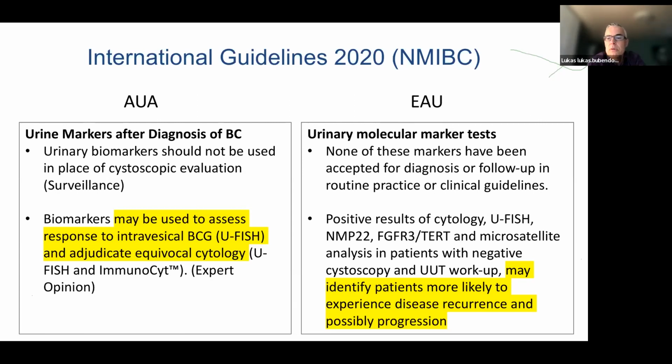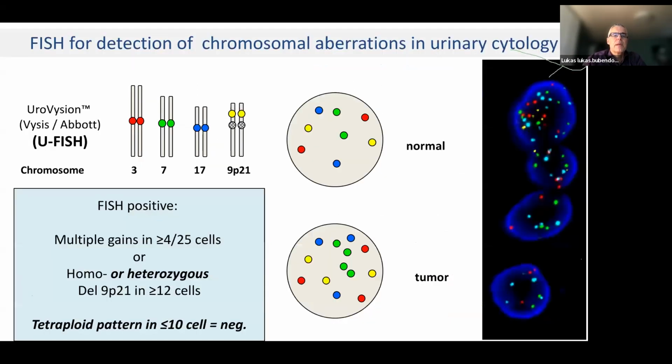And the EAU also recognizes that different tests may have promise in order to identify patients at higher risk, but none of the markers are actually recommended for routine practice or to replace any current standard diagnostic procedures, for the time being at least.